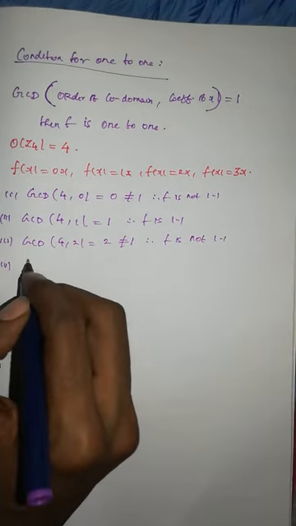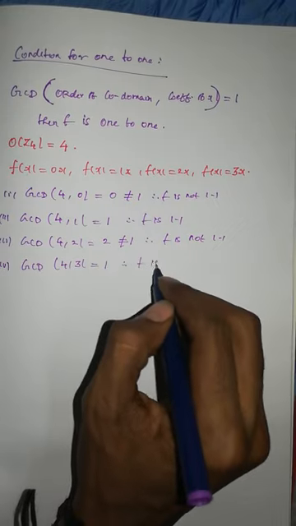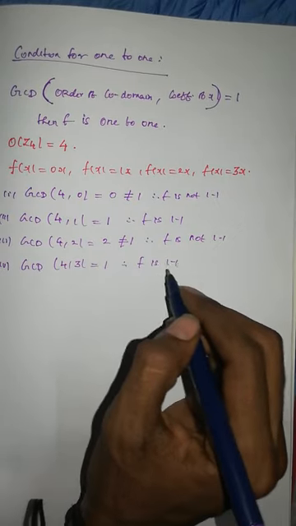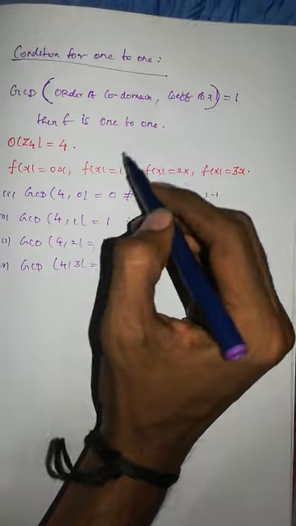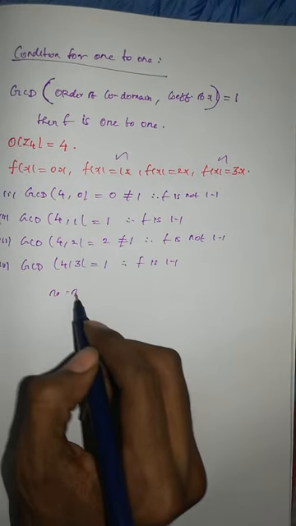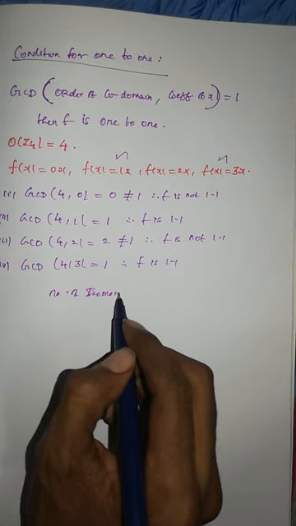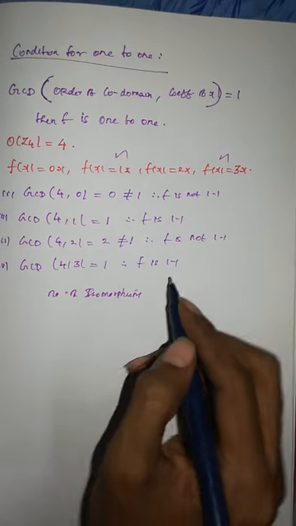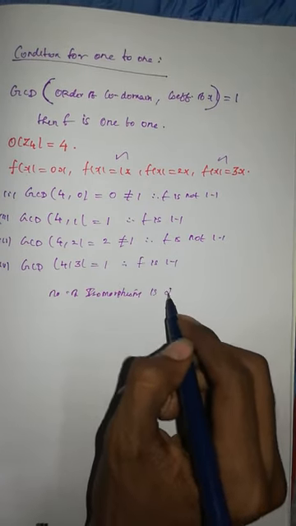And fourth, GCD of 4 comma 3 is 1. So f is 1 to 1. So out of 4 homomorphisms, 2 functions are 1 to 1. So the number of isomorphisms from Z8 to Z4 is 2.